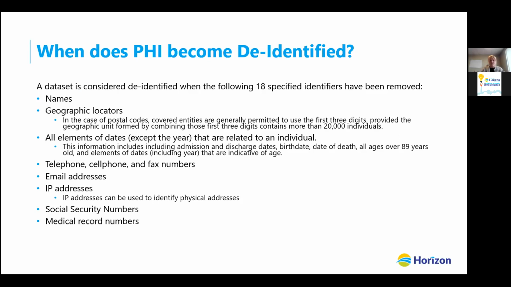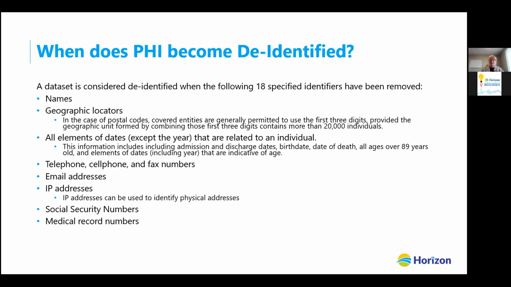So what are these identifiers? I have them listed there. Obviously, some of them are quite obvious. It's name, geographic locations, elements of dates, except the year, that are related to an individual. So if you look at the dates, a lot of times when we're collecting information for retrospective chart reviews or retrospective studies, dates are of particular interest to us.